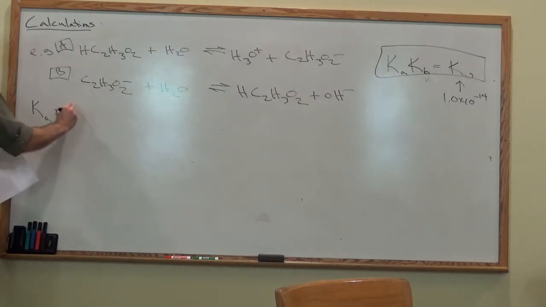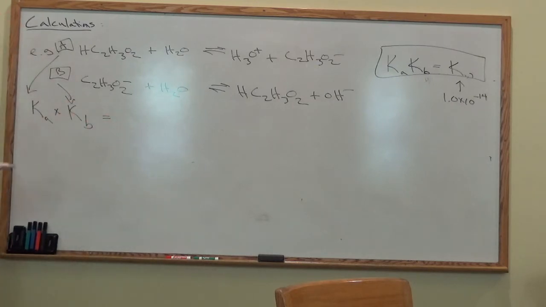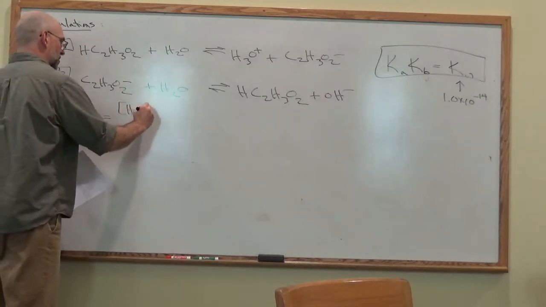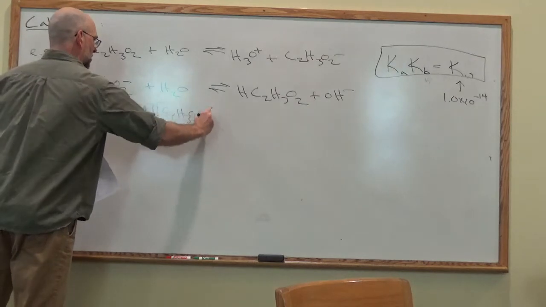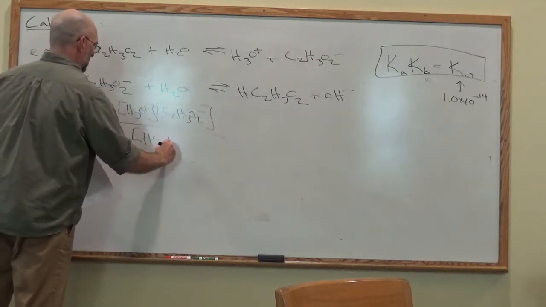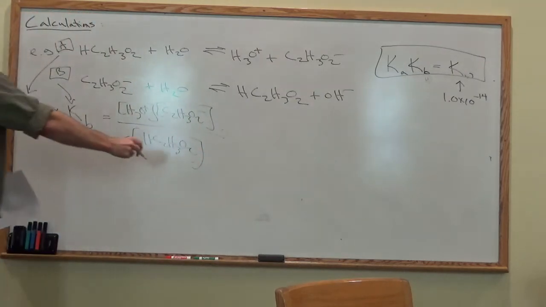Ka times Kb. I think you see where this is going. Let's just put in the symbols. So Ka is this. That's Ka times Kb.